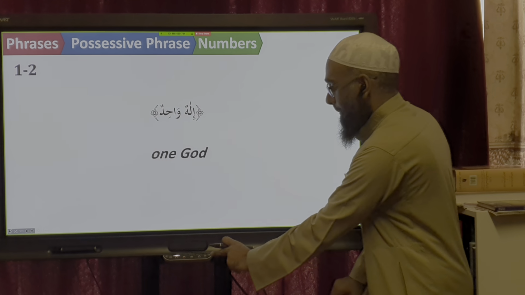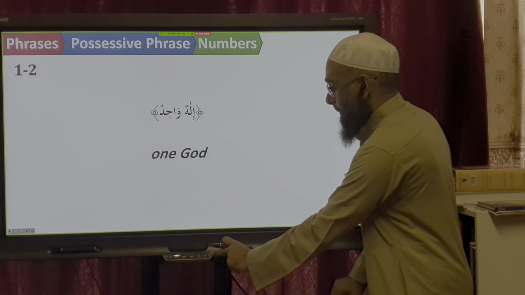Now, in theory, you don't really need the adjective. When you say ilahun, it means one. Even for the dual, because kitabani means what? Two books, automatically. But just to create an emphasis that it is two only, not more than two, what do we add? We add the word wahid or ithnan.